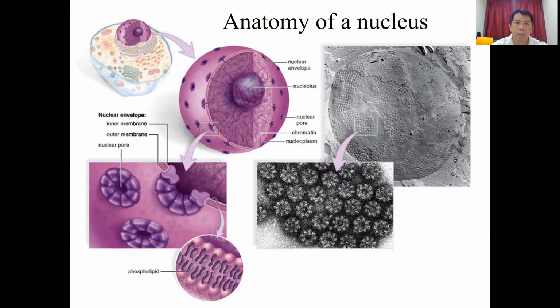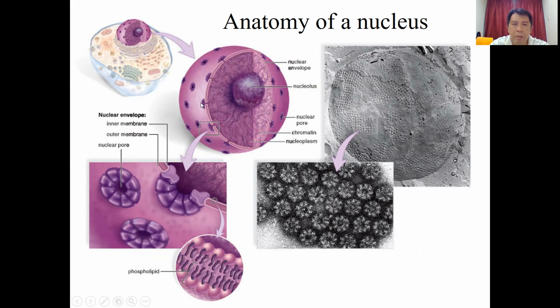So this is the anatomy of a nucleus. What you can see here is a eukaryotic cell, and this is the nucleus. In the nucleus, there is a densest area or region which is known as the nucleolus.